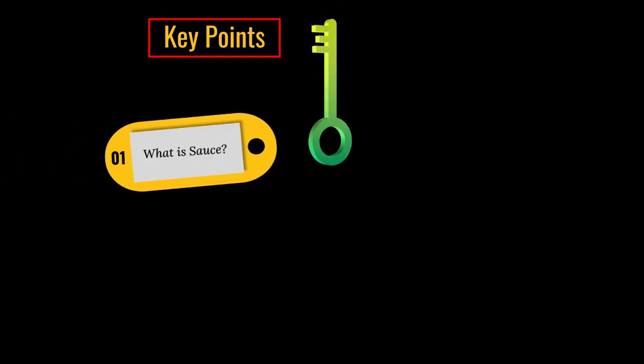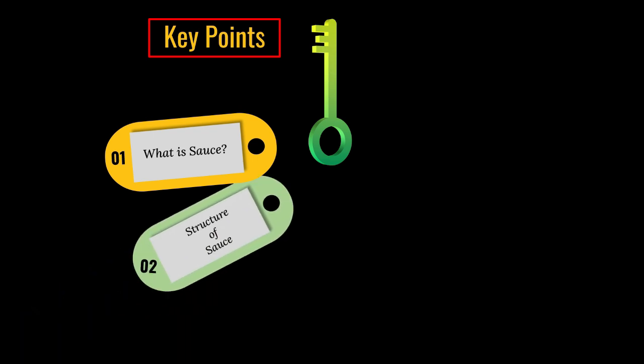So let us first find out what key points we are going to discuss in this session. First, we are going to discuss what is sauce. We'll clarify the concept of sauce. Then we are going to learn about the structure of sauce making.